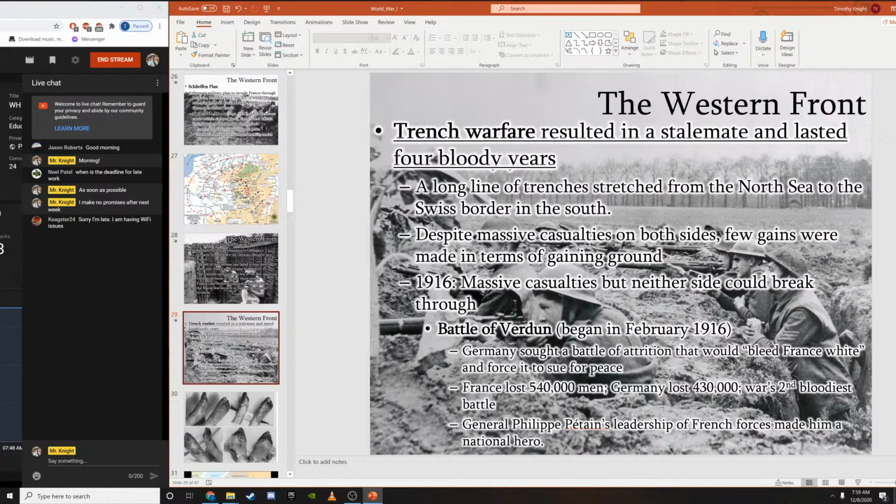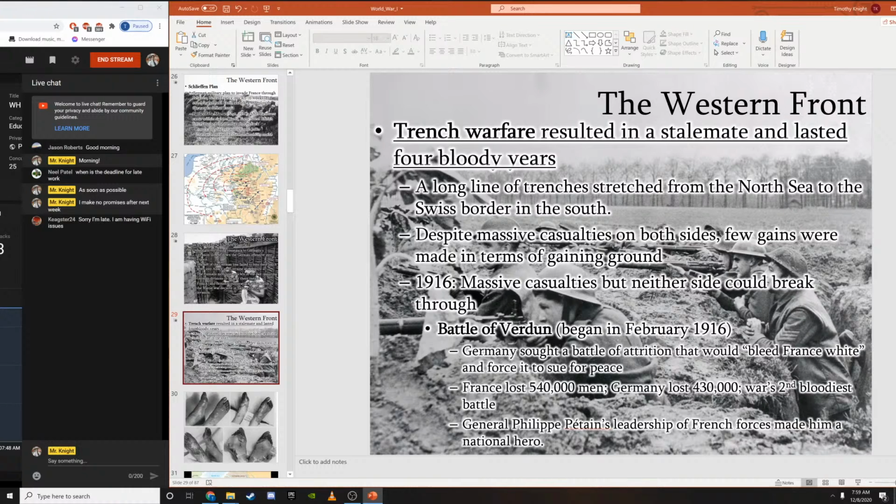And of course, when they say bleed France white, they're not only referring to literally their soldiers dying, but they're referring to the white flag of surrender, where the French flag no longer would have color to it. And in the Battle of Verdun, France lost over a half a million people. 540,000 people were killed in this battle.